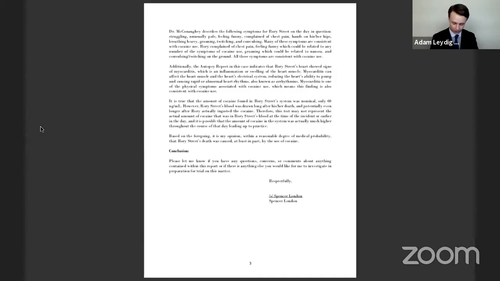Myocarditis is one of the physical symptoms associated with cocaine use, which means this finding is also consistent with cocaine use. Inviting the court's attention to paragraph 4, based on the foregoing, it is my opinion, within a reasonable degree of medical probability, that Rory Street's death was caused, at least in part, by the use of cocaine.